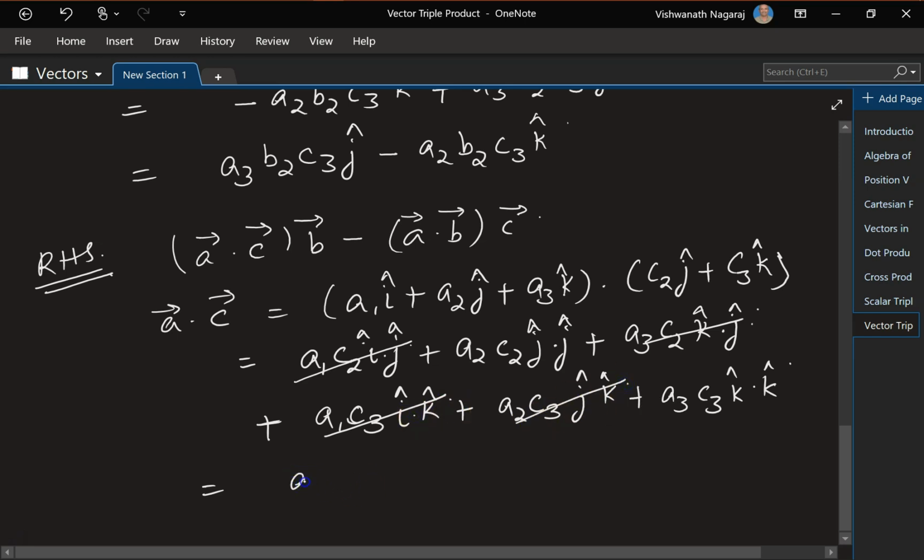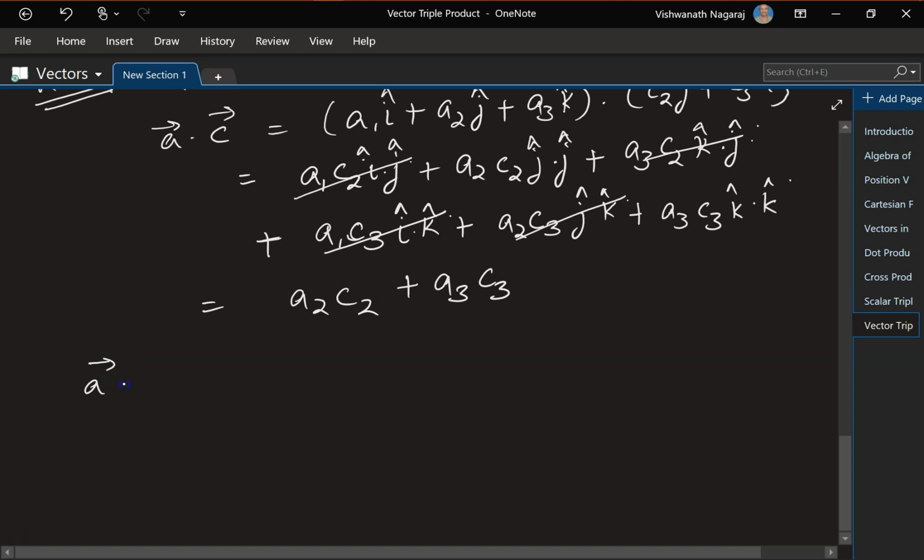So what we are left with is A2 C2, and J dot J is 1, K dot K is 1, so plus A3 C3.